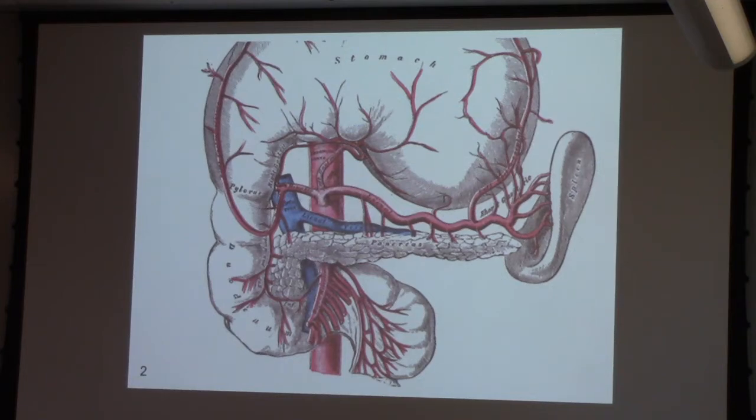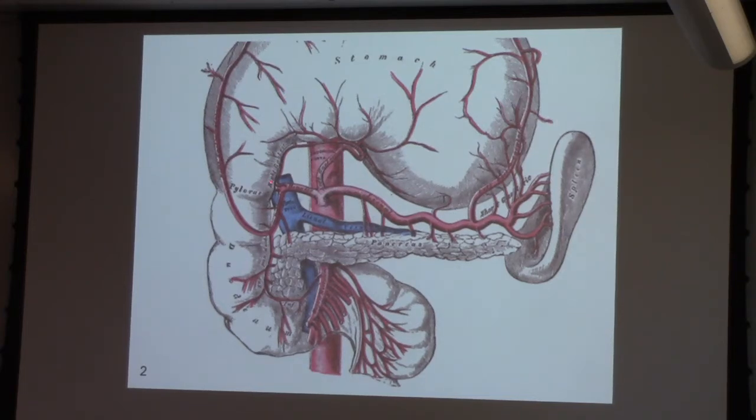You've got the right gastroepiploic. Left gastroepiploic. It's all good. The right gastric. Can you read those words? It's labeled there, but I can hardly read it, so that's fine.